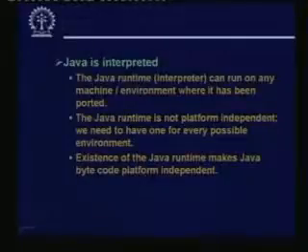We need to have a runtime existing for every possible environment and platform like Windows, Linux, Sun, HP, etc. This Java runtime makes the Java bytecode programs platform independent. We shall be explaining this issue of platform independence again in detail, because this concept is very important.